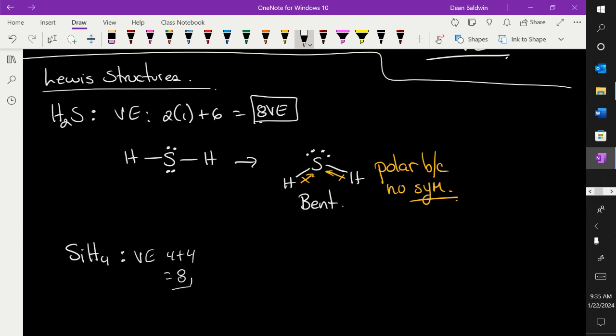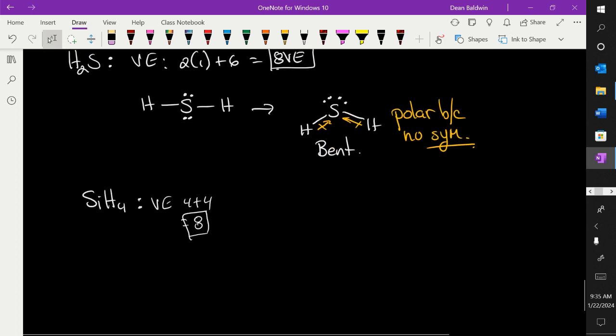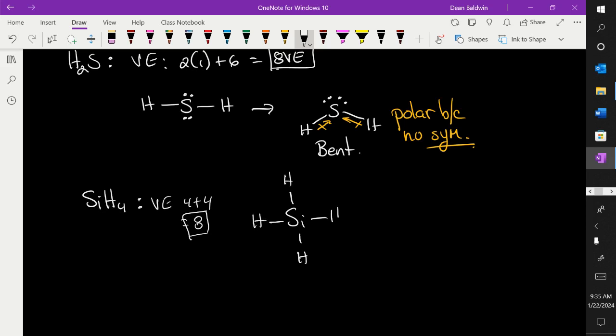So we have 8 valence electrons. So Si, we have 4 hydrogens around it. Why doesn't hydrogen bond to itself here? Because if it bonds to itself, can it bond to silicon? No, because it only wants to form one bond, right? So silicon has to be at the center. Have I accounted for all the valence electrons? Okay. So the structure is good.